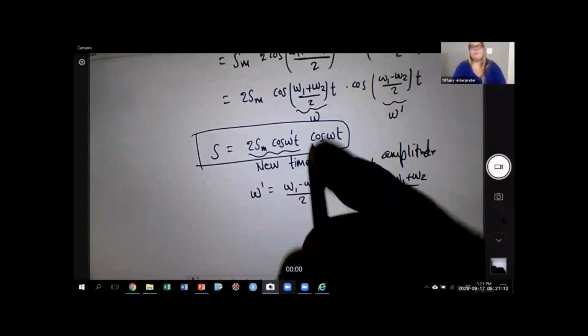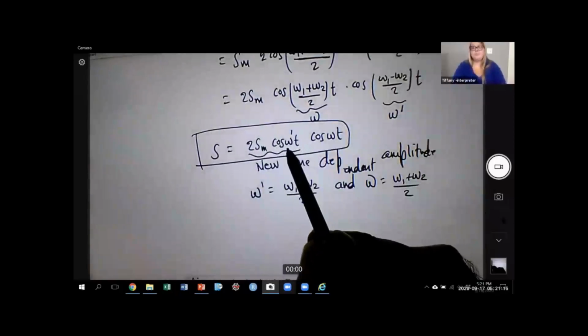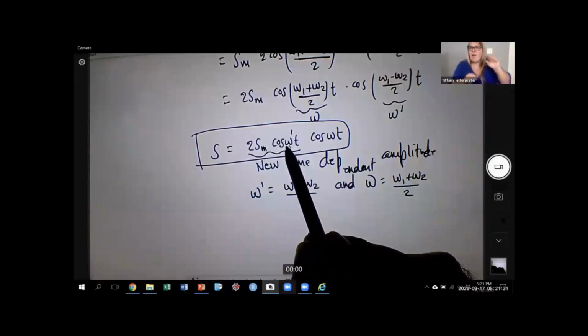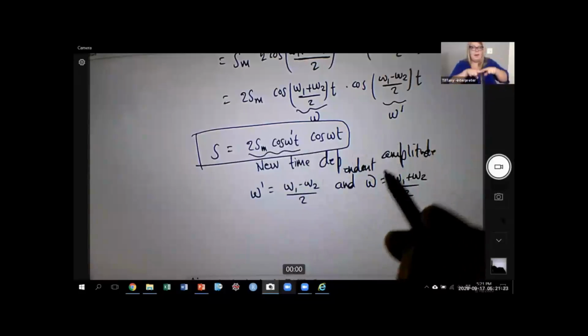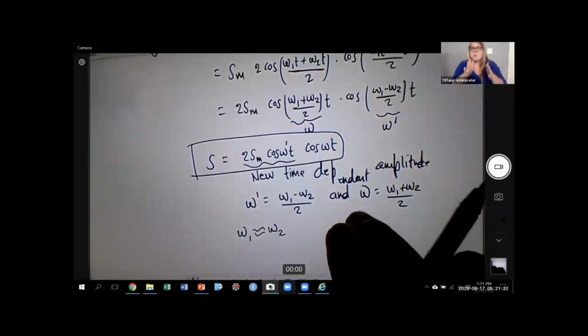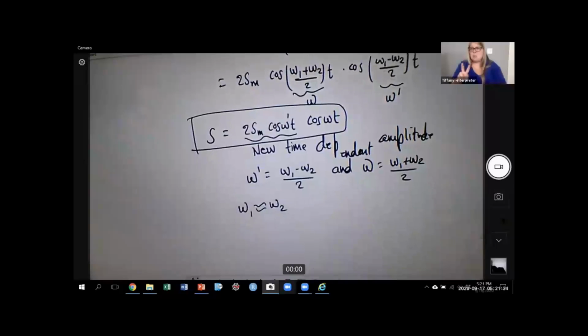Okay, now if you plot this wave, this is a new amplitude, time dependent, right? And you can clearly see, since omega 1 is pretty close to omega 2, because to hear the beats the frequencies of these sounds must be pretty close, otherwise you won't hear the beat, you can't detect it.